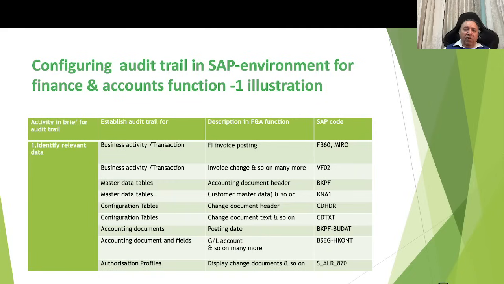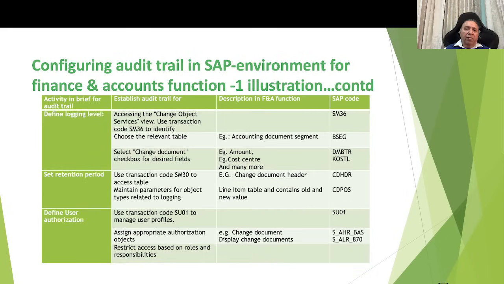Authorization profiles. For example, this is a display change document, say S_ALR_87, 870. Audit trail will enable in these, through one or two examples each, who made changes, who accessed these, and who made changes on what date and for how much duration.